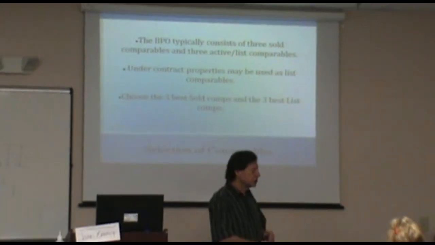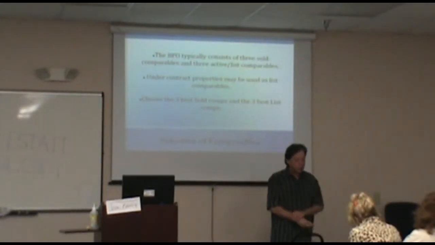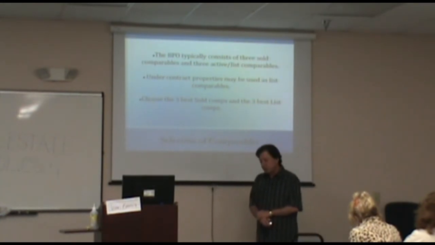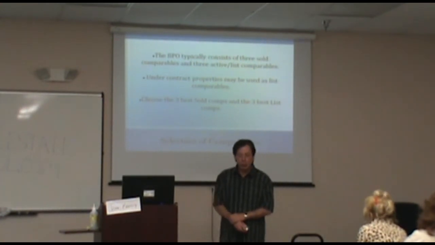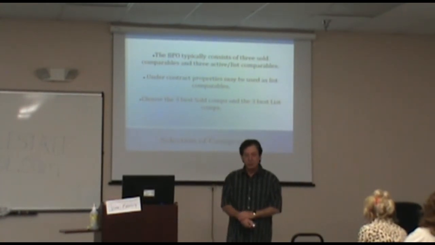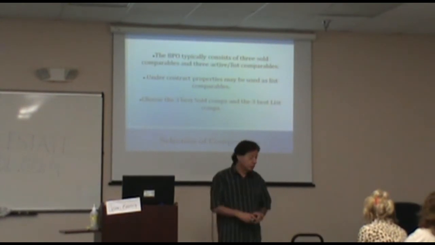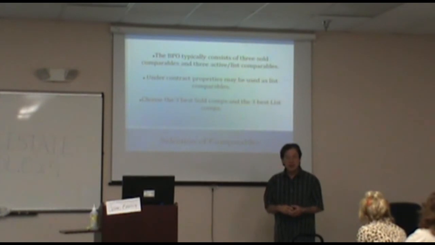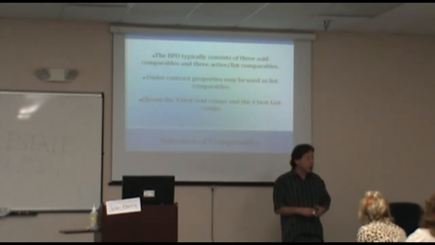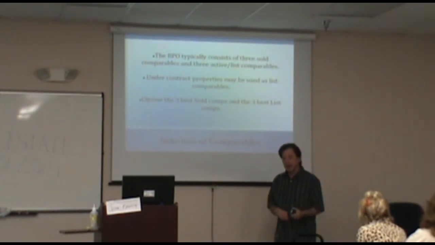Test question is this. Under contract may be used as a listing if you do not have 3 list comparables. If you have 2, and you're looking for a 3rd, and you see that it's under contract, you can use that as a listing.